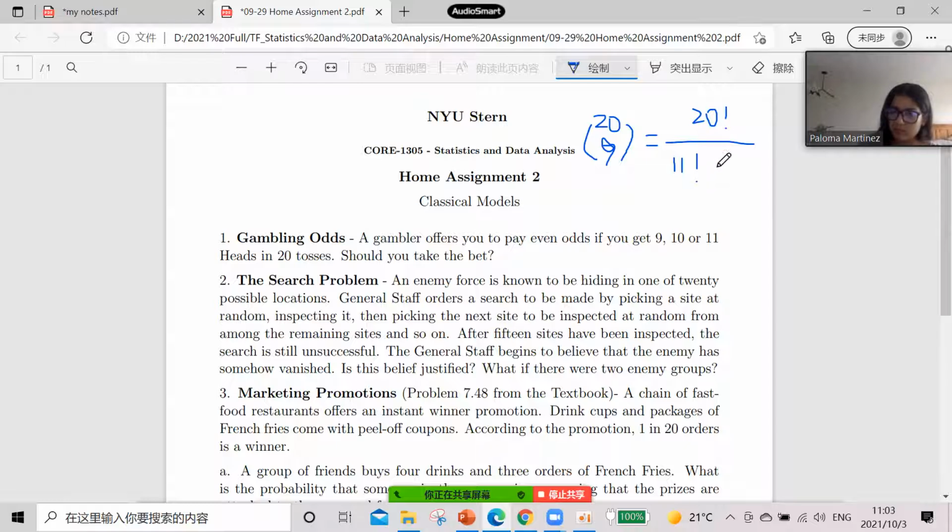And still, you need to utilize a computer to calculate this. You multiply the number of options by the probability of one specific sequence, and you get the probability of getting exactly 9 heads out of 20 tosses.